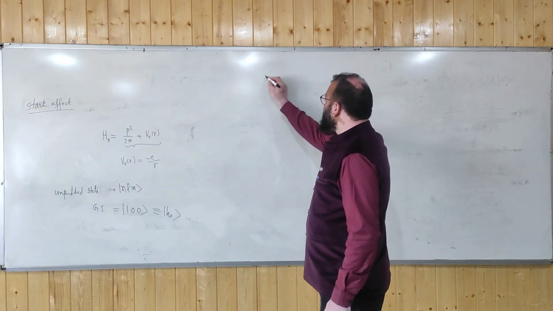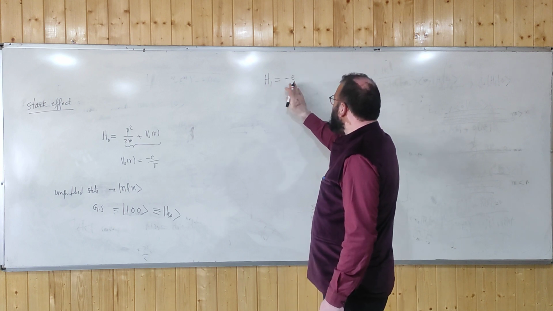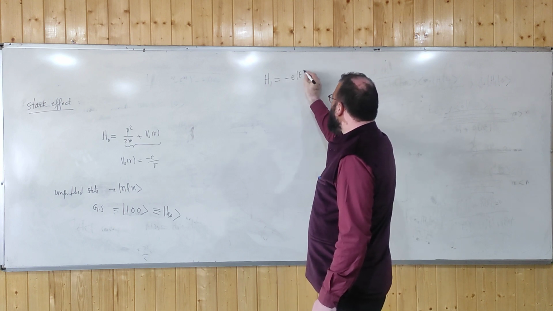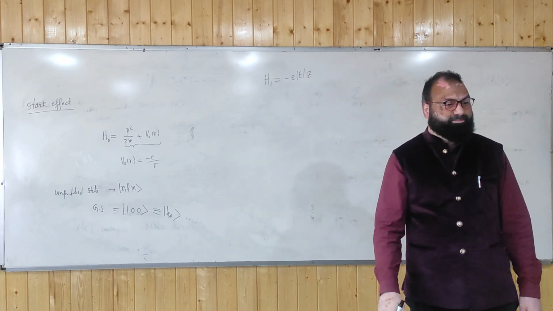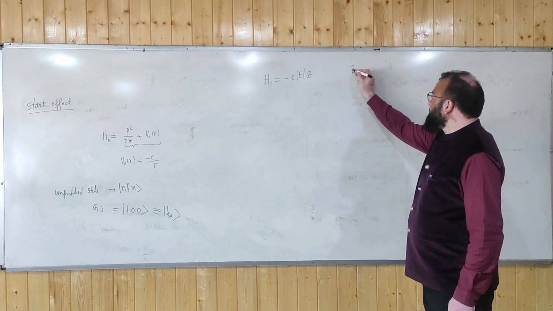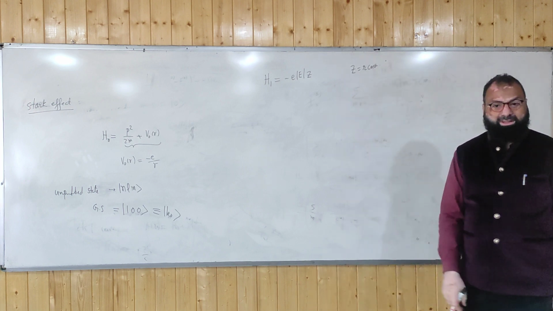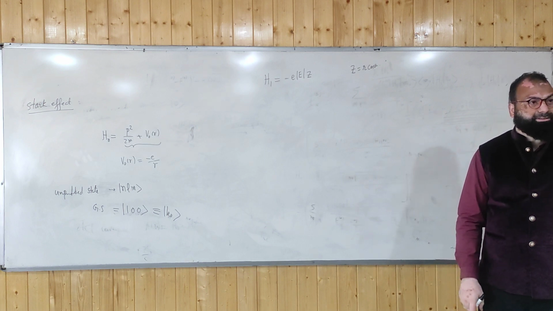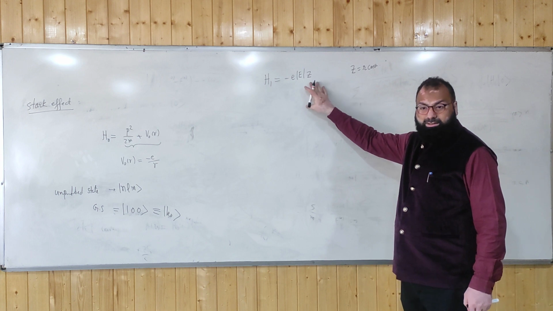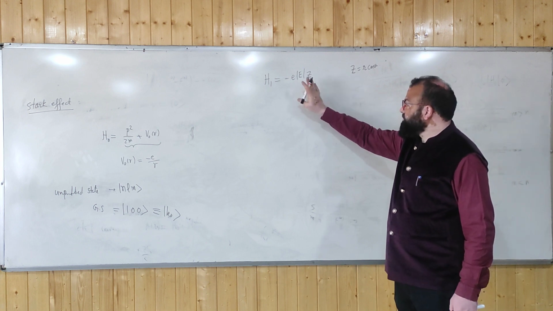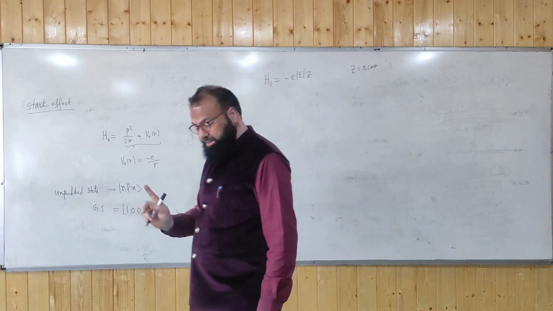So let's consider our electric field, minus E, the magnitude of the electric field, in the Z direction. Clear? And in spherical polar coordinates, z is equal to r cosine of theta. The magnitude of the field is small. Now the point is, this z does not go to minus infinity.